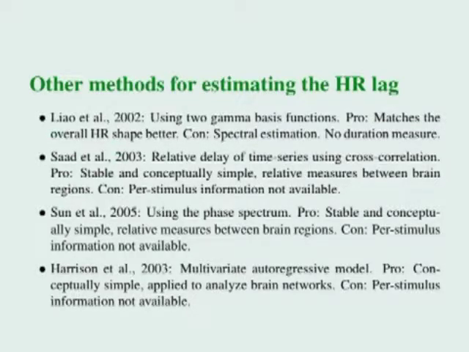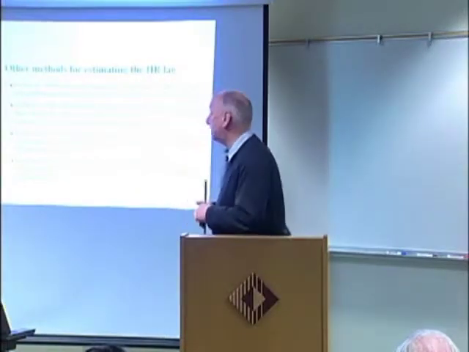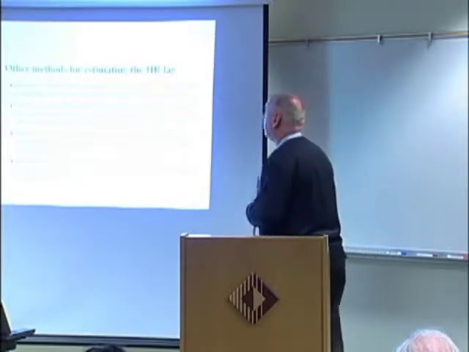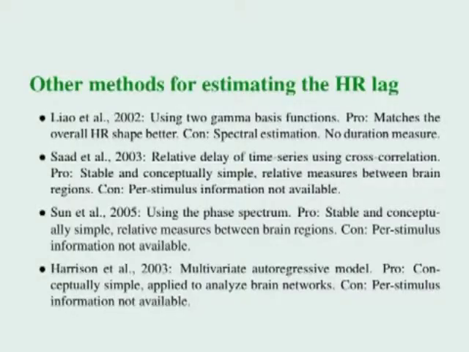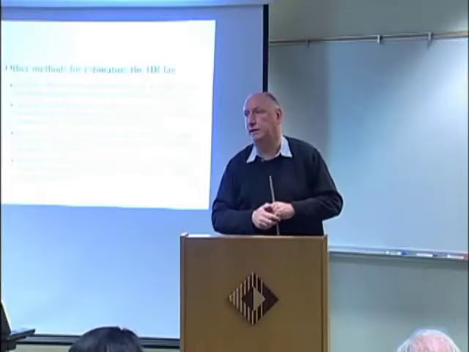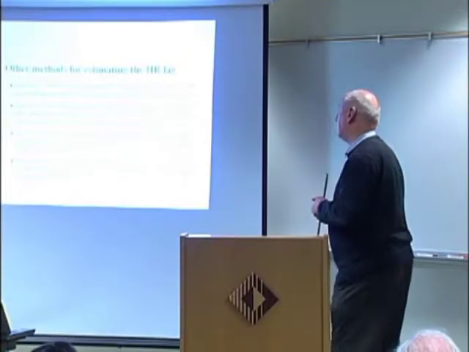You can check the relative delay, the time between two time series in different regions using cross-correlation. That is very simple. It's basic signal processing, and you get relative timing measures between two brain regions. On the contrary, you don't have per stimulus results, and you have to assume that both regions do the same in all stimuli, which is not necessarily the case.